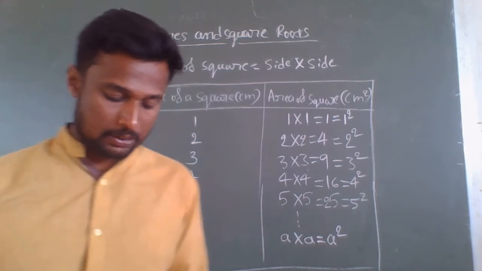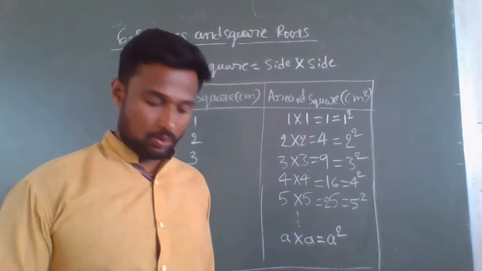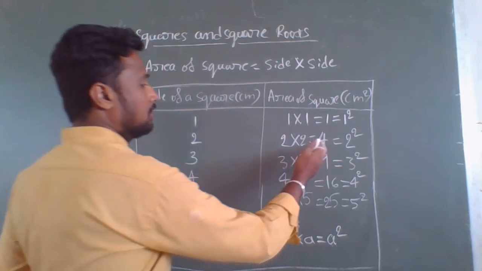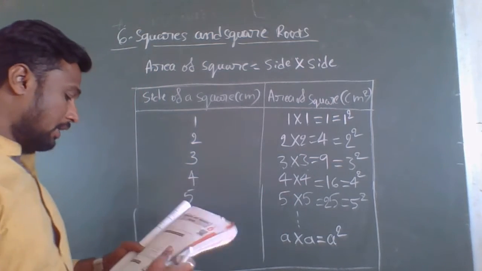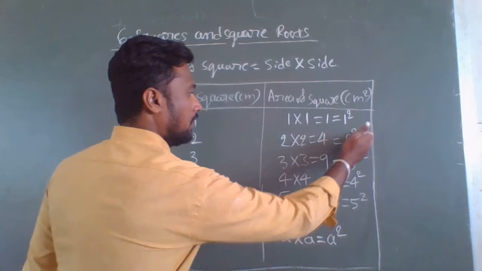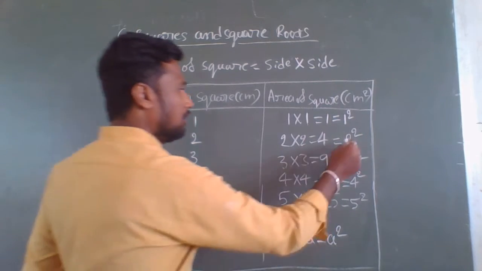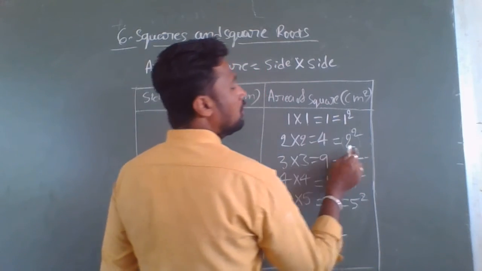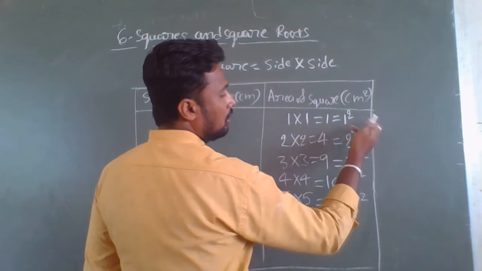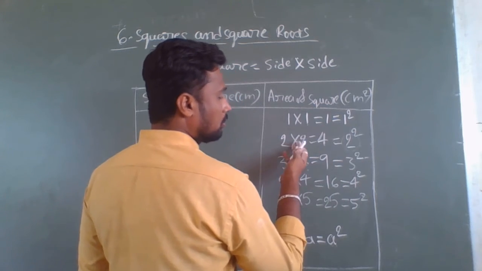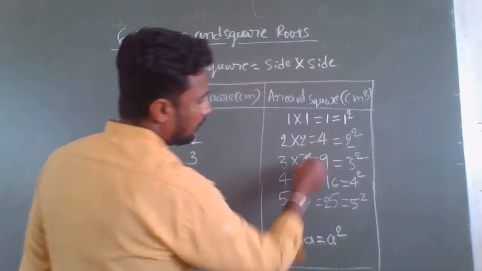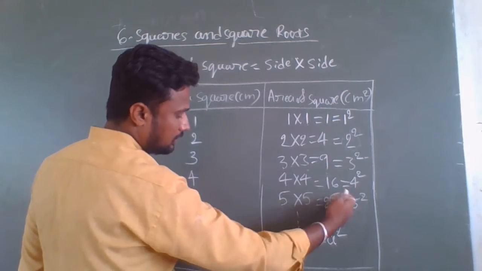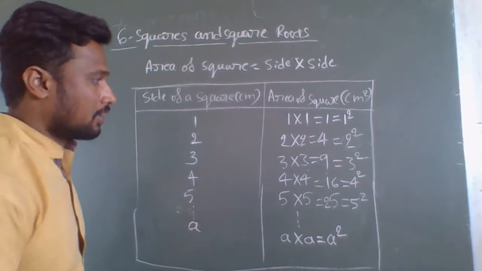Since 4 can be expressed as 2 into 2, we can write it as 2 square. The meaning of 2 square is that we multiply 2 two times, means 2 into 2, which is 4.